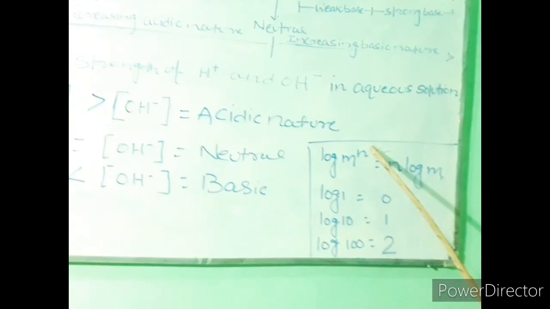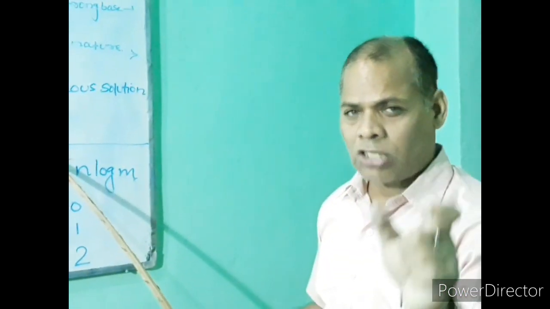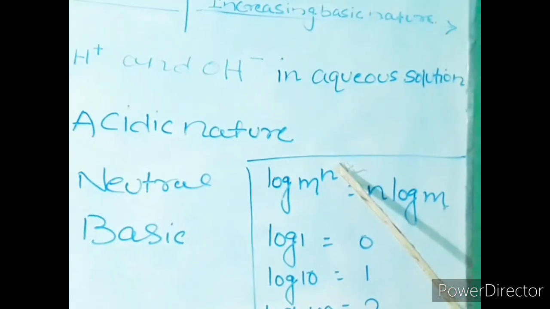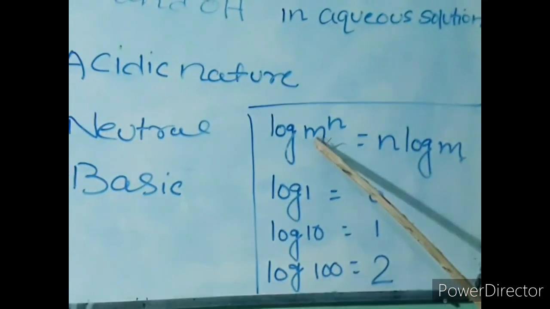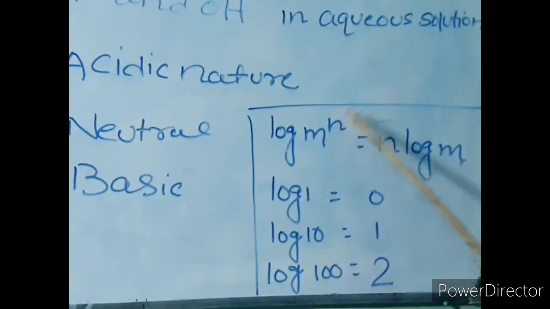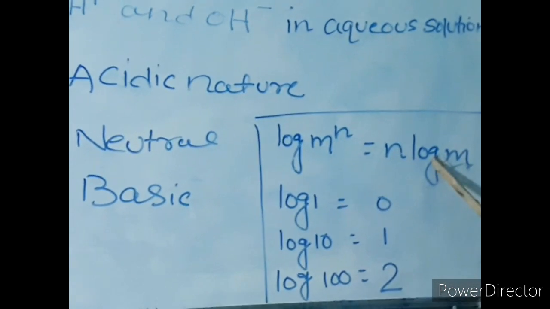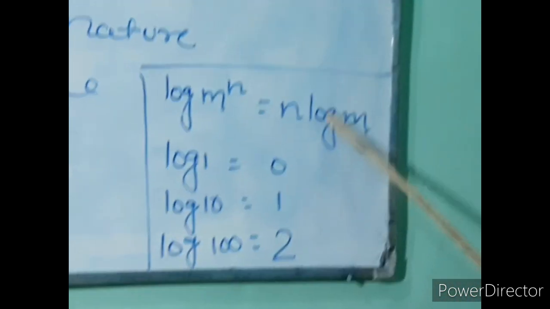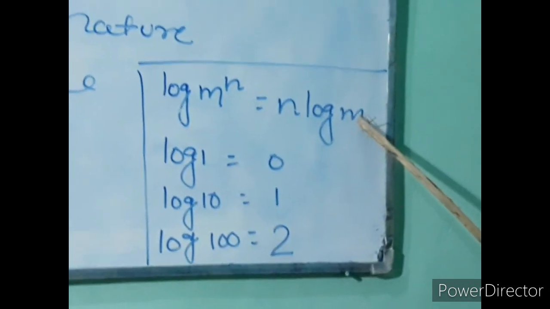So let us see log m to the power n. Yesterday I already said, in logarithm, in a short way we write log. So log m to the power n equals n log m.